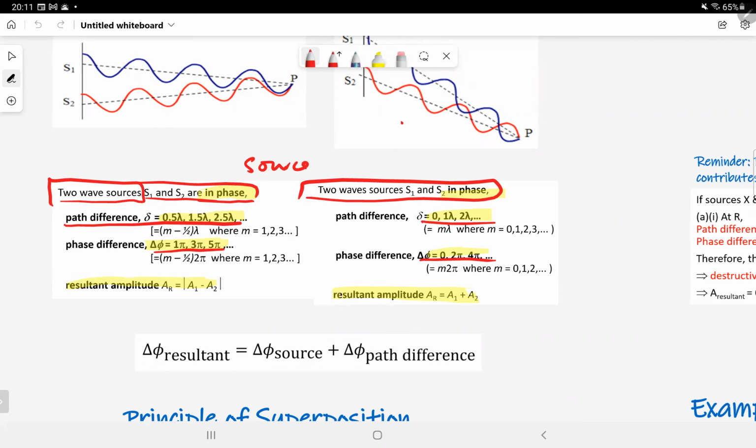So essentially, what we want to generalize into is that what causes two waves to interfere constructively or destructively or anyhow depends on phase difference. And phase difference is contributed by two accounts. One account is called source, and one account is called path. So in all problems to do with two source, we really need to remind ourselves that we need to look at both contributions.